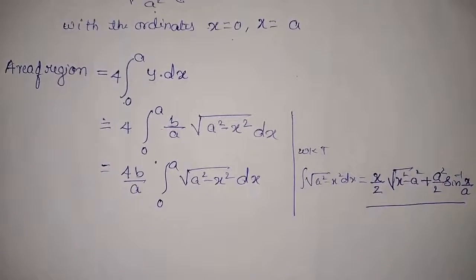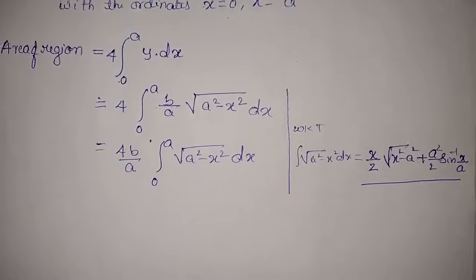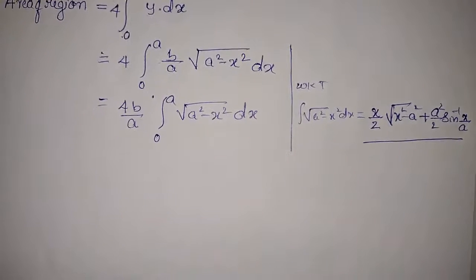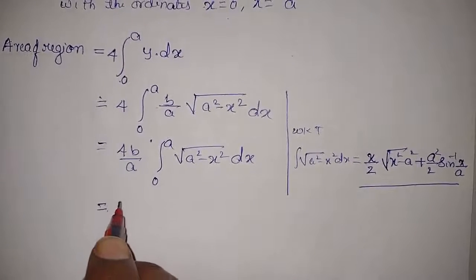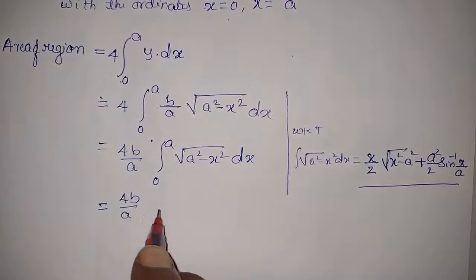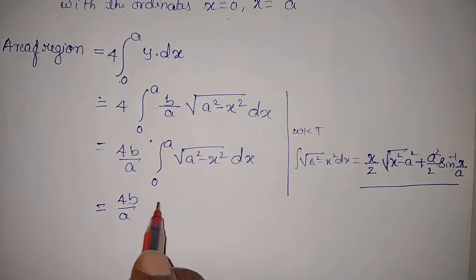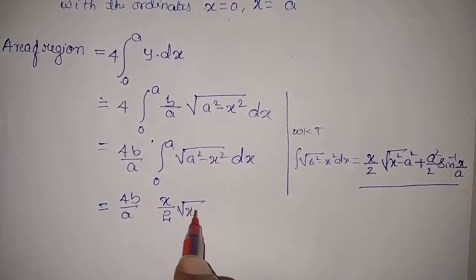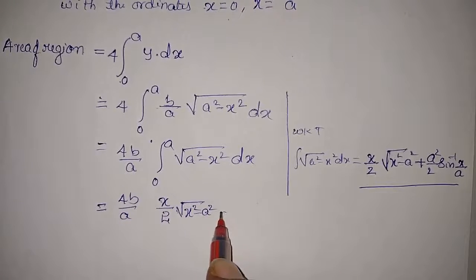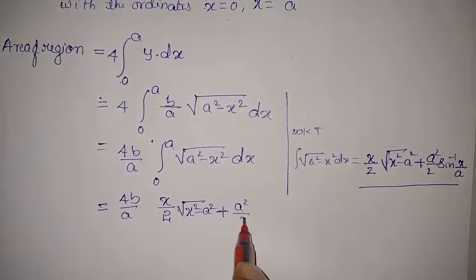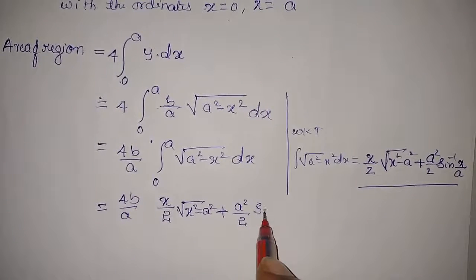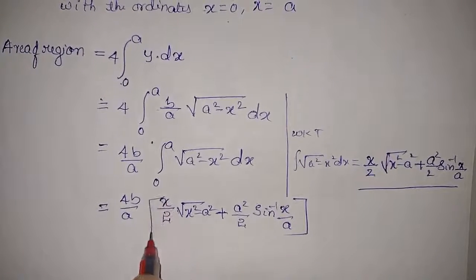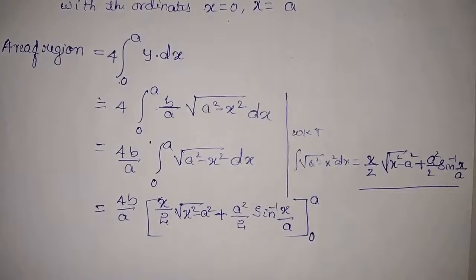So this is the formula for root of a square minus x square. By using this formula directly we write: 4b by a into [x by 2 root of a square minus x square plus a square by 2 into sine inverse of x by a] from the limit 0 to a. Clear?